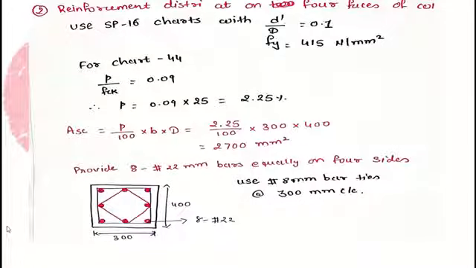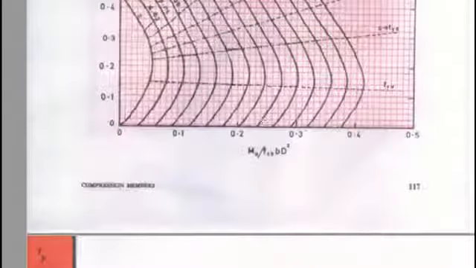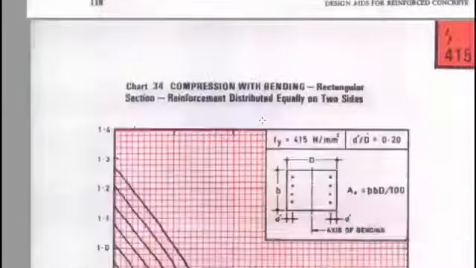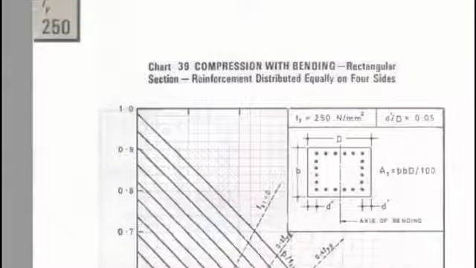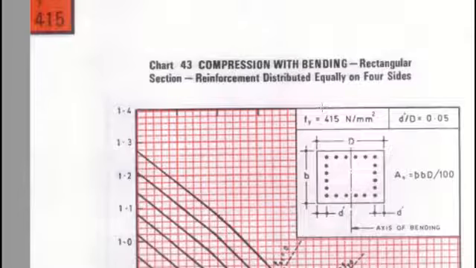Correct? Now for the second case, reinforcement distribution on 4 sides of the column. Now see the charts. For the 4 sides of the column, we are using chart number 39. Let's see. No, we are not using 39 because it is for FY 250. Now let's see. Okay. Chart number 43, that is for FY 415, but d dash by d 0.05.